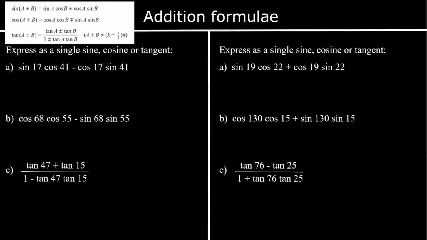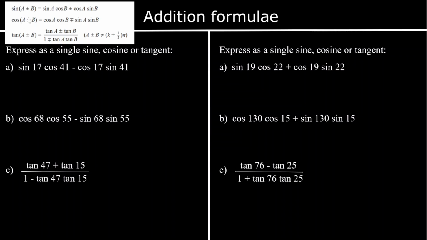Expressed as a single sine, cosine, or tangent. So this time we're going to go back from our right side to our left side. So we've got sine cos, cos sine with a minus between them.